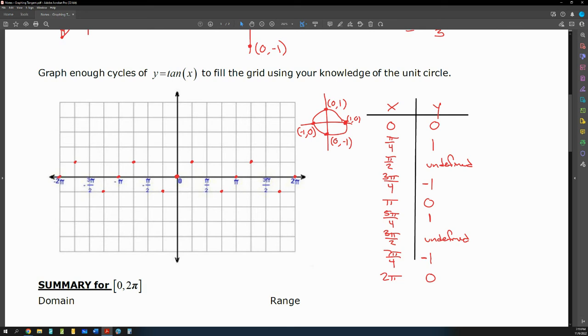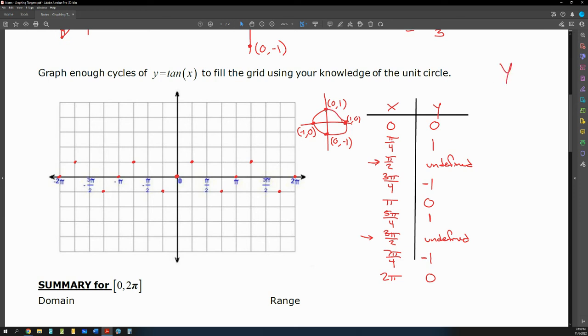Okay? So we have to consider what's going on near those breaks at pi halves and at 3 pi halves. Let's consider what's going on to the x's and y's. So as we move closer to pi halves, as the angle increases and we get really close to pi halves, our x values are getting smaller and smaller, and our y values are getting greater and greater.